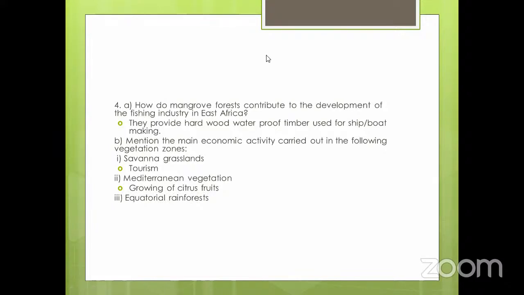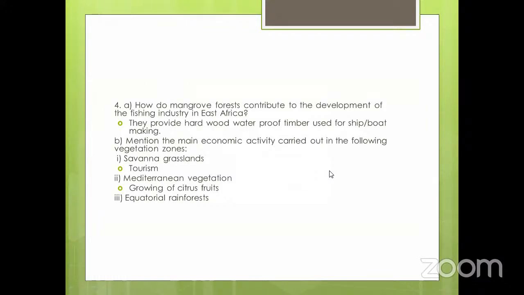Equatorial rainforest. Moses? Is Moses still with us? Which one is the main economic activity carried out in tropical rainforest or equatorial rainforest? Farming. Not really, though it is one of the economic activities.